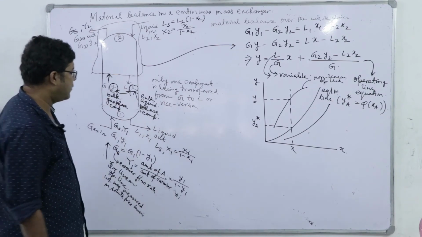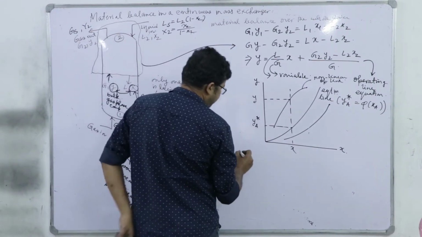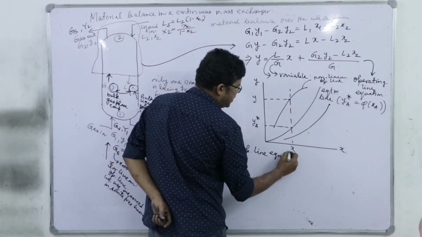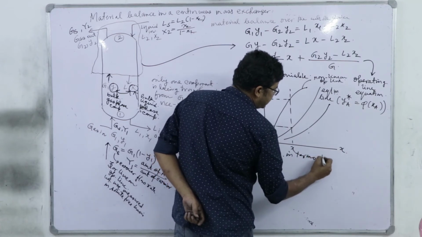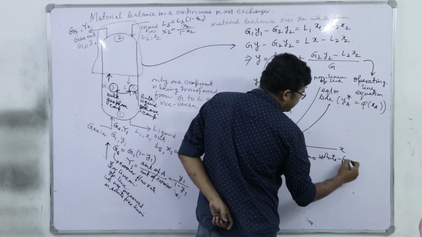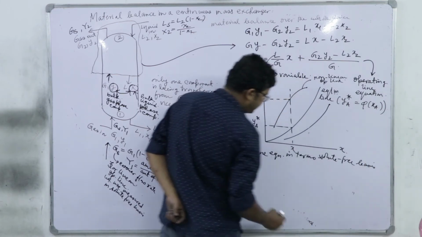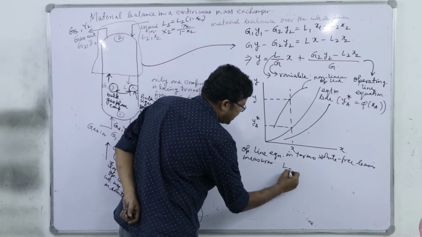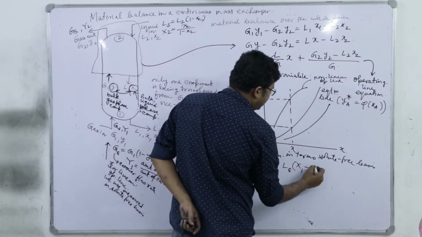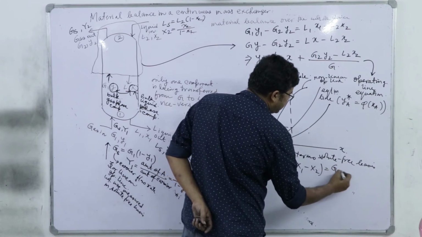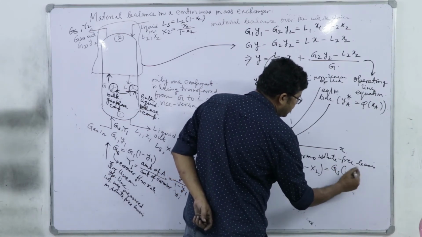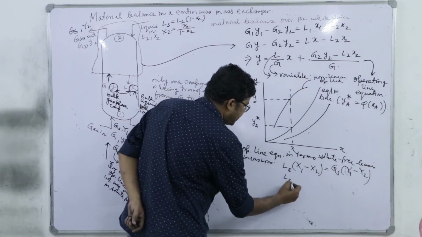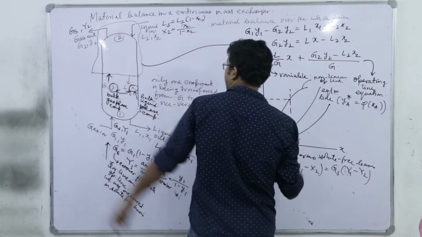Now, in terms of that, what will be the operating line equation? So, operating line equation in terms of solute free basis measures. The overall balance will be LS into X1 minus X2 is equal to GS into Y1 minus Y2. And alternatively, over this cascade the balance will be here.